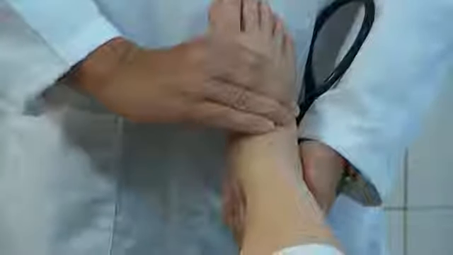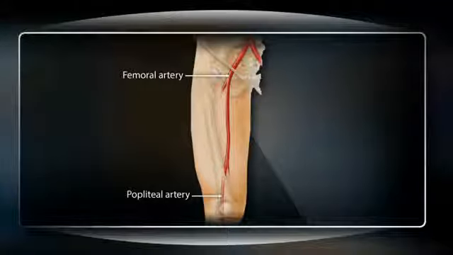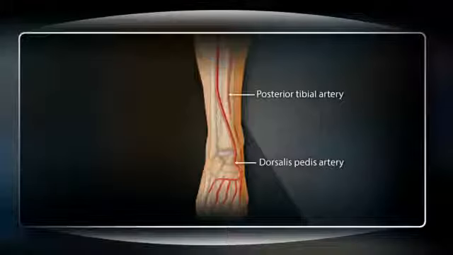In the legs, arterial pulses can usually be felt in four places: the femoral artery just below the inguinal ligament, midway between the superior iliac spine and the symphysis pubis; the popliteal artery, an extension of the femoral artery that passes medially behind the distal femur and palpable just behind the knee; the dorsalis pedis artery on the dorsum of the foot, just medial to the extensor tendon of the big toe; and the posterior tibial artery behind the medial malleolus of the ankle.